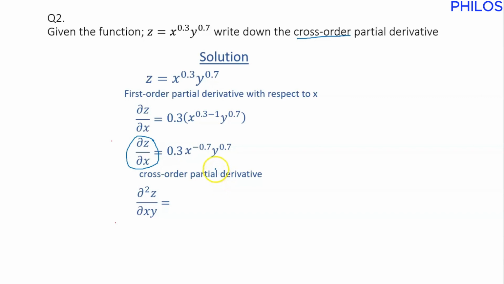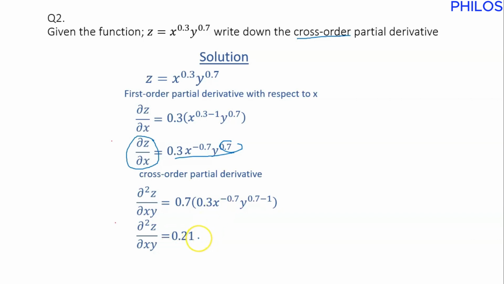Now since we are differentiating this particular one with respect to y, then we take the exponent of y and multiply it by the whole thing and subtract 1 from the exponent of y. So to do that, we take 0.7, which is the exponent of y, and multiply it by the whole function and subtract 1 from the exponent of y. So that's 0.7 minus 1. Okay. So to simplify it further, now 0.7 times 0.3 is what? That's 0.21, isn't it?